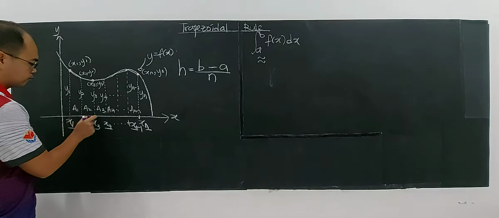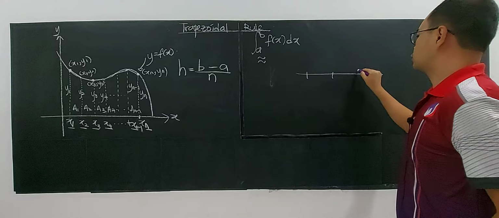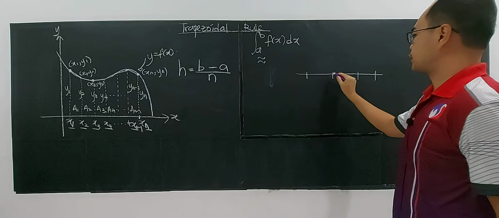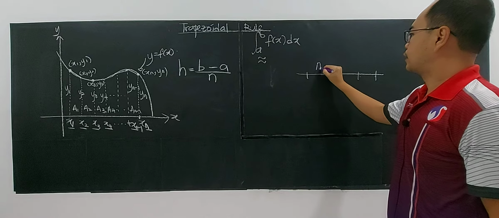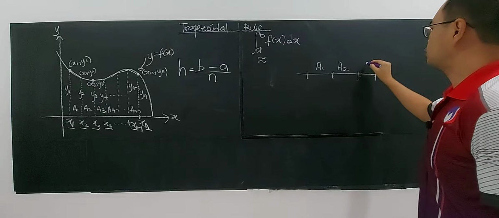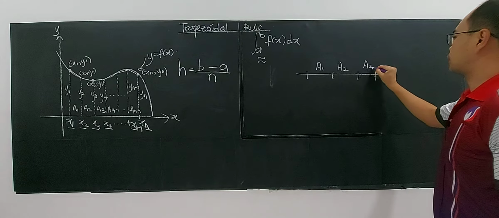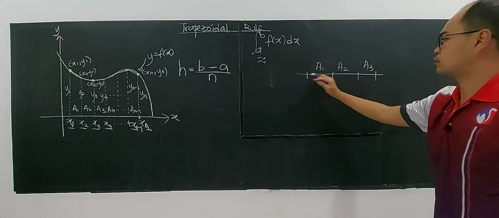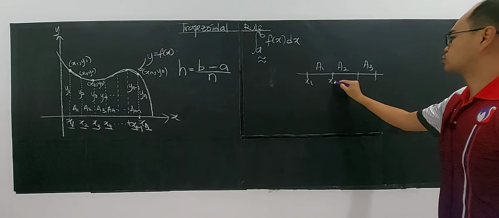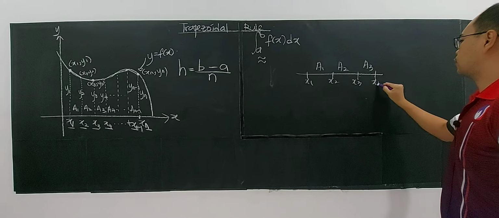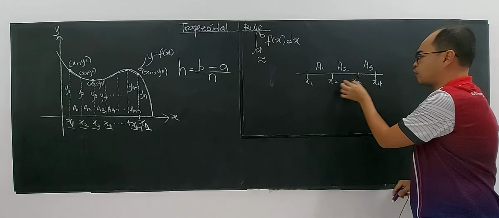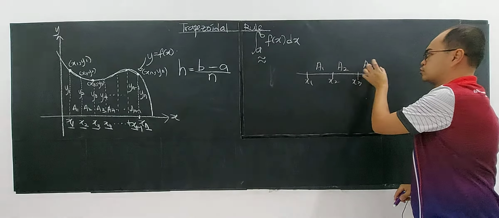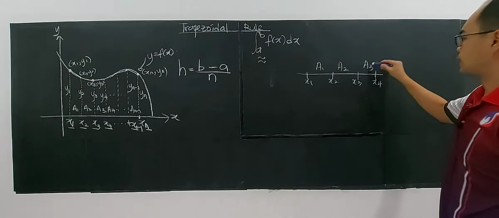For example, if you have 4 ordinates, x1, x2, x3, x4, then you have 3 trapezium, one less.